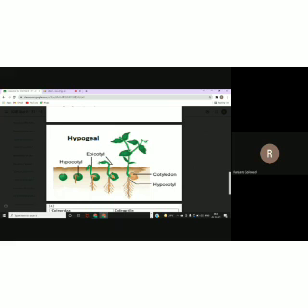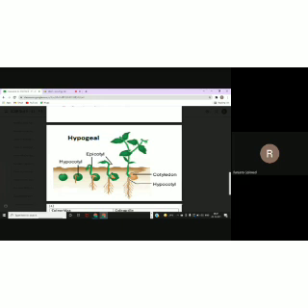You can see that the cotyledons are not visible when the plumule is being pushed above the soil. The cotyledon remains below the soil along with the seed, and the plumule by itself is pushed above the soil.